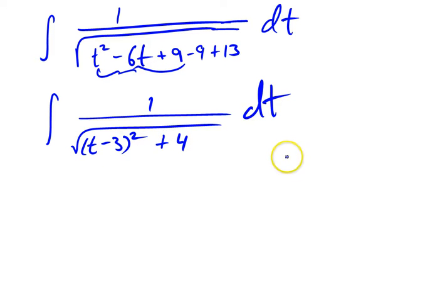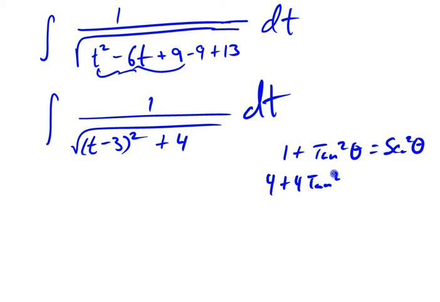So I'm looking at something that looks like maybe my 1 plus tangent squared theta equals secant squared theta. But it's not a 1, it's a 4, so let's multiply by 4. So 4 plus 4 tangent squared theta equals secant squared theta. Okay, so that's what I'm going for.